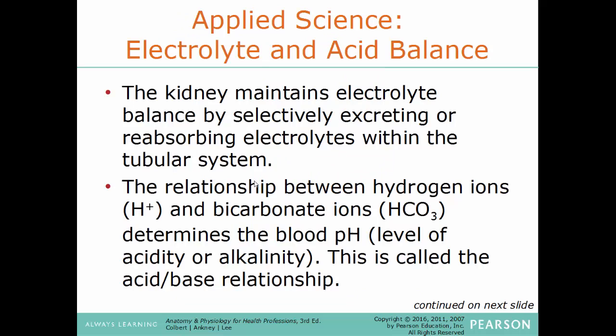Alright, now we'll talk about an applied science, electrolyte and acid balance. The kidney will maintain electrolyte balance by selectively excreting or reabsorbing electrolytes within the tubular system. The relationship between hydrogen ions and bicarbonate ions will determine the blood pH, whether it be too acidic or too alkaline. This is called the acid-base relationship.